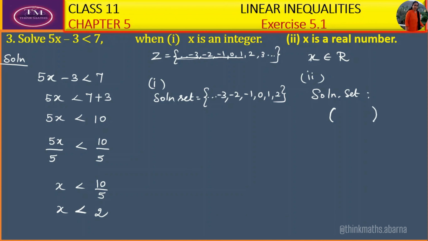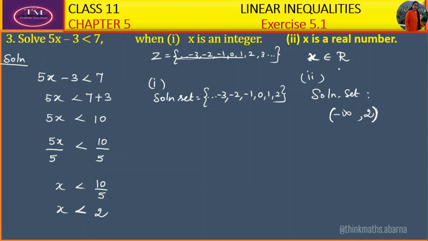So we have to write the maximum here. If you write curly bracket, that means 2 is not included. It means less than 2. So starting is minus infinity. So minus infinity comma 2 is the solution set when you have real number system.